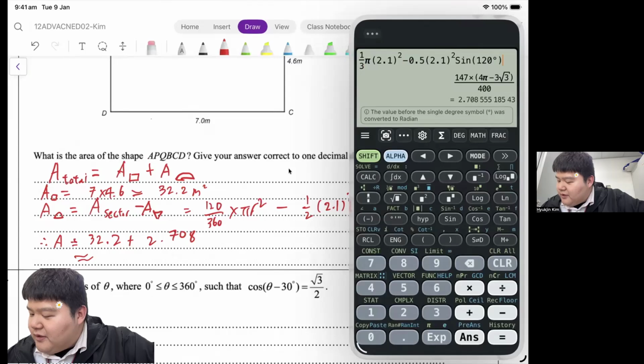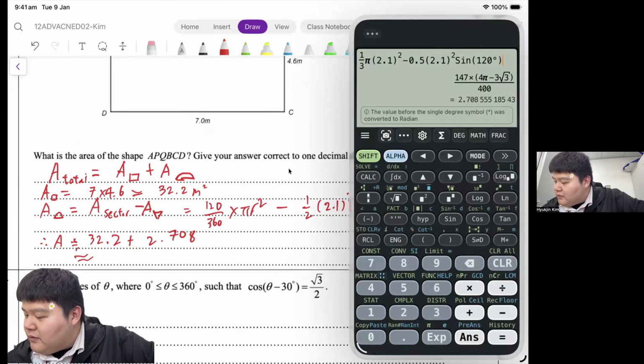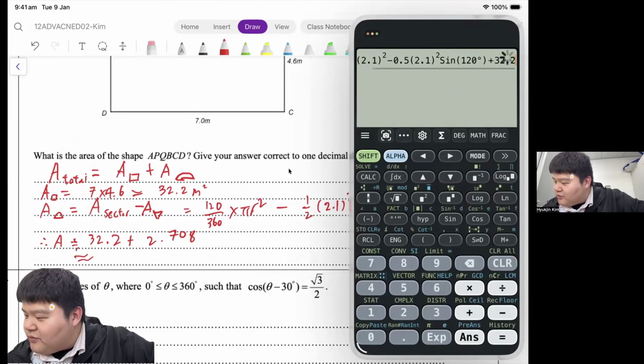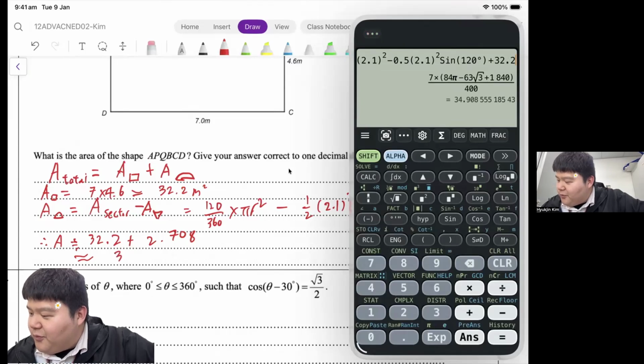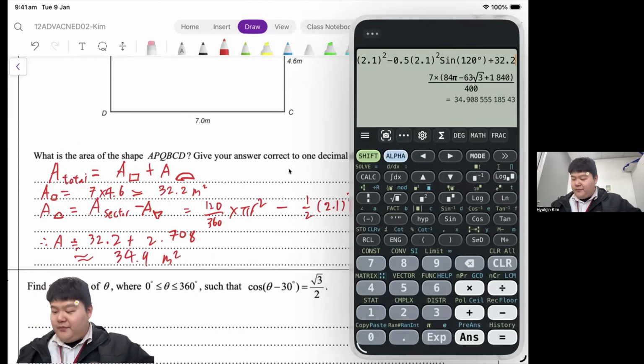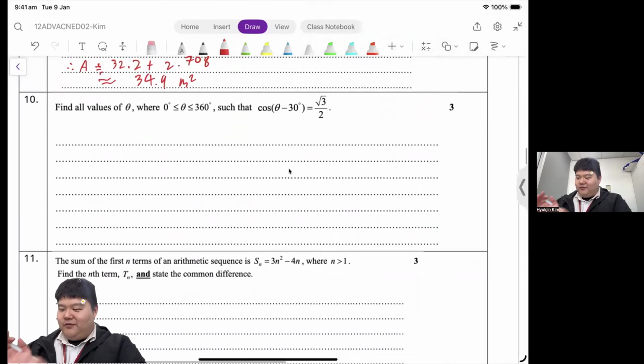That approximately becomes 32.2 plus 2.7, which is 34.9 meters squared. Okay. Oh, gee, I'm really not bothered with this.